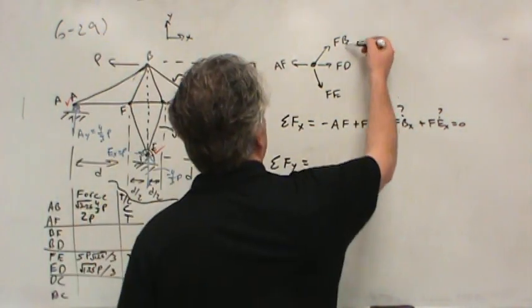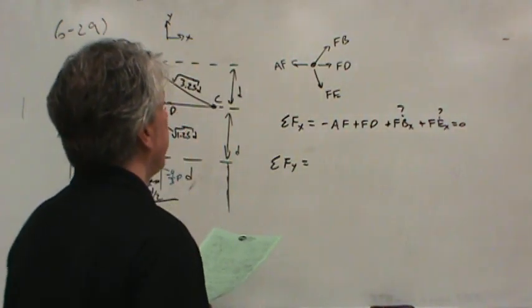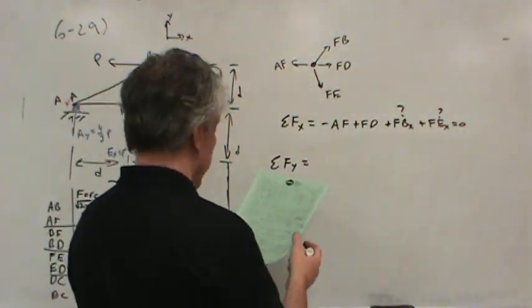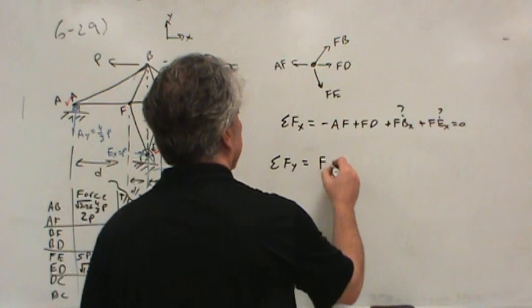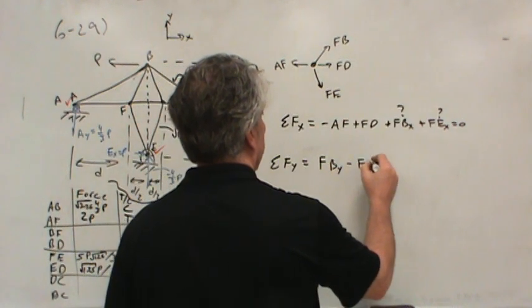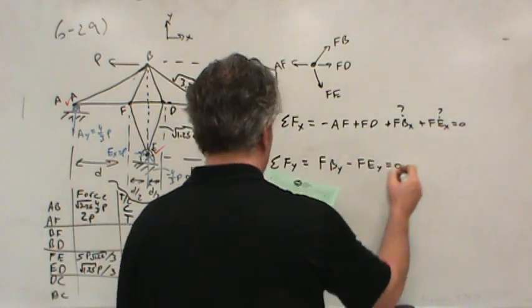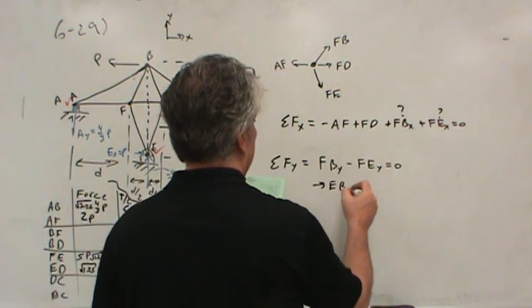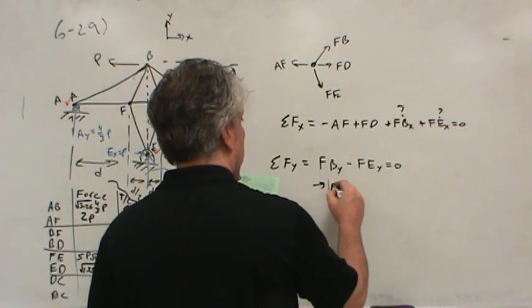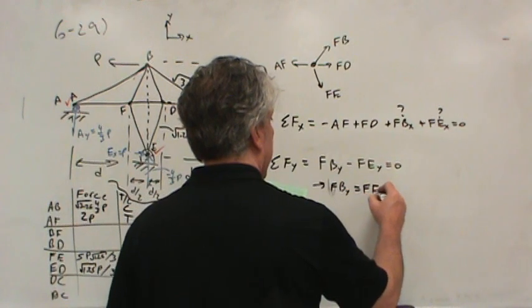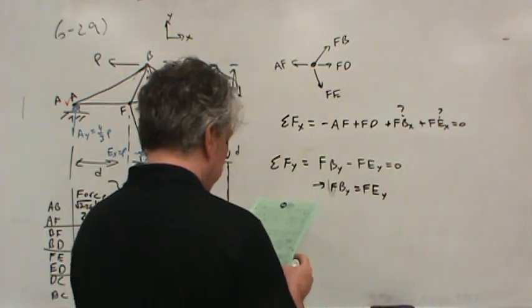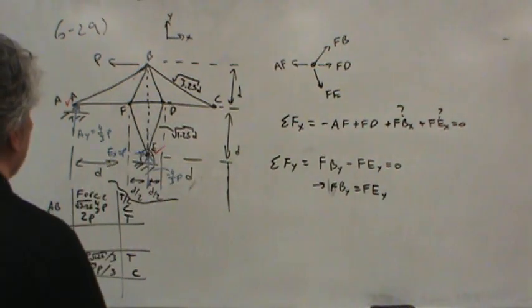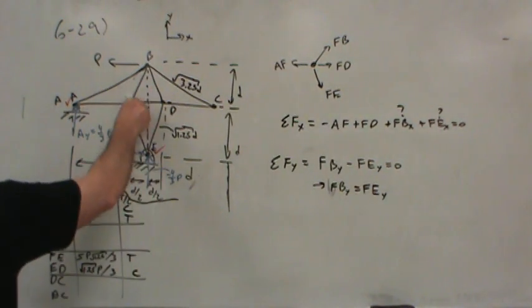We should find out something about the relationship between FE and FB, because notice AF and FD will not appear. As a matter of fact, what we'll find is that the y components of the two are equal and opposite. So FBY equals FEY. But of course, notice that the geometry is symmetrical, right?